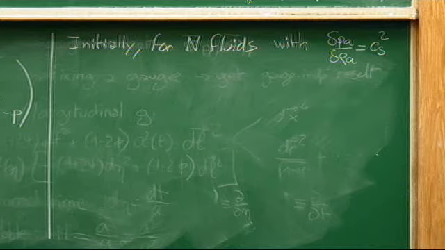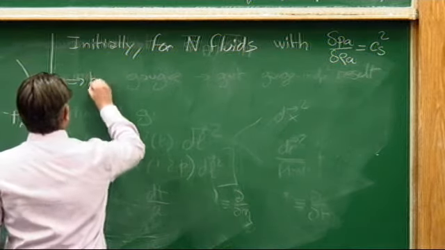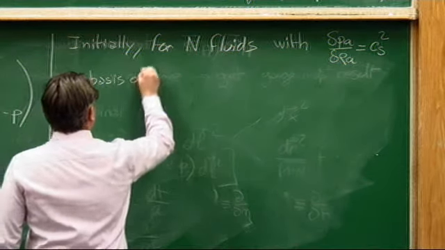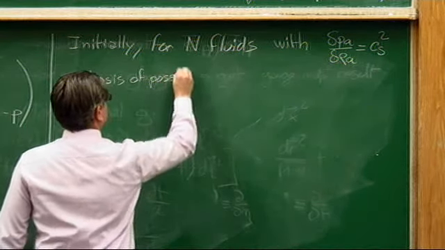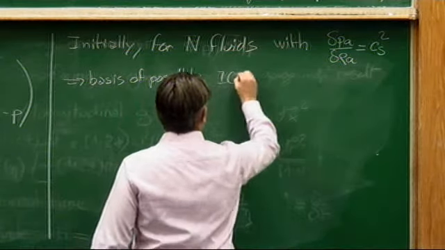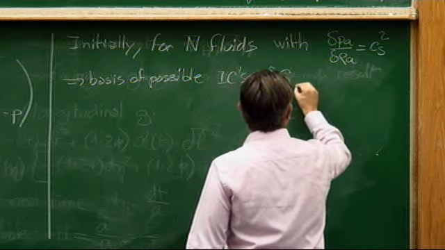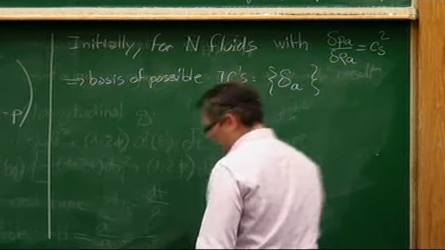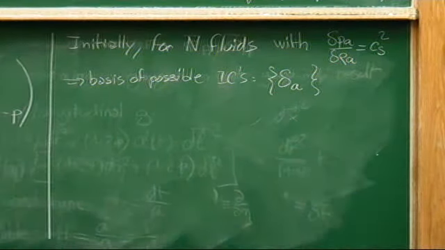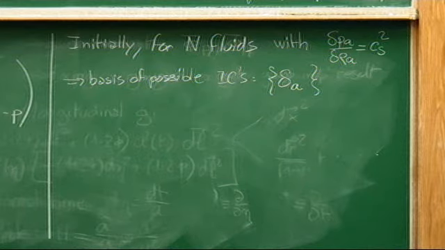Then for each fluid, the only uncertainty in the initial condition is about delta rho. So the basis of possible initial conditions is a set of delta for each fluid. So n numbers. This is already a big restriction.